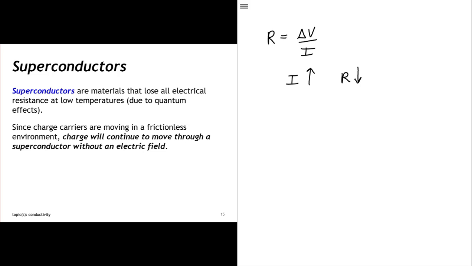The reason for this is that charge carriers are moving in a frictionless environment, so charge will continue to move through a superconductor without the presence of an electric field. Once you get that current moving, it'll continue to move. You don't need to maintain that potential difference because there's no resistance for the current to overcome.